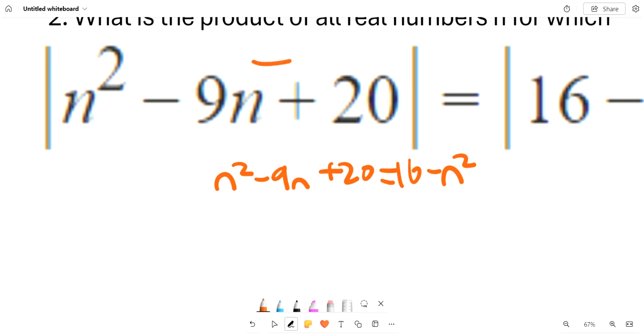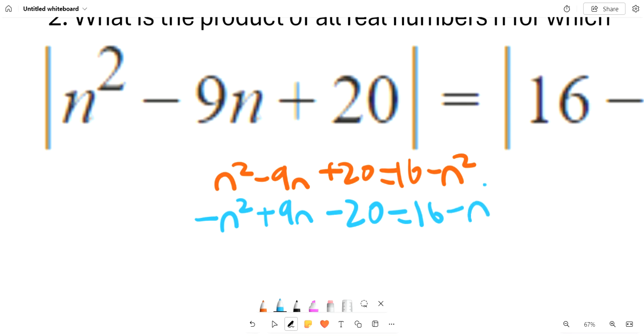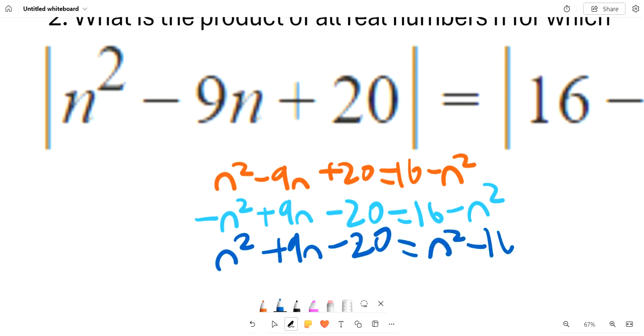And then if this is negative and the other is positive, we have minus n squared plus 9n minus 20 equals 16 minus n squared. If this is positive and the other is negative, we have n squared minus 9n plus 20 equals n squared minus 16.